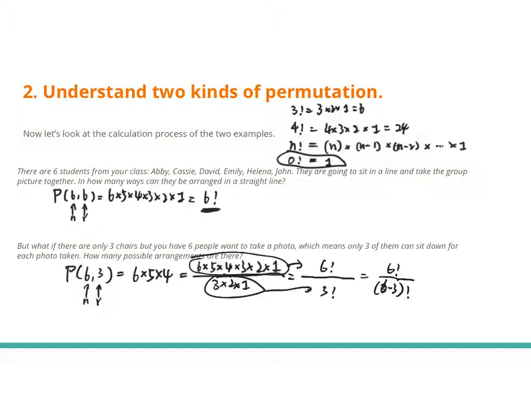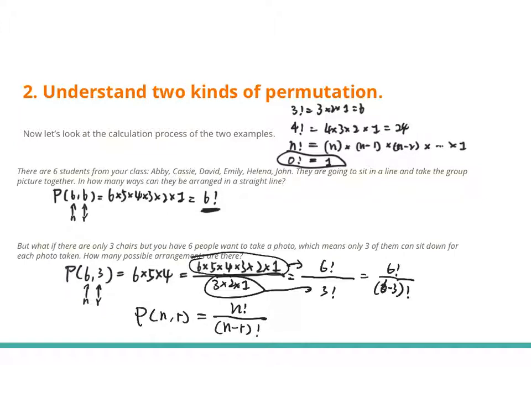So now we can draw the general formula of permutation. If we have P(n, r), that should be n factorial divided by (n minus r) factorial.